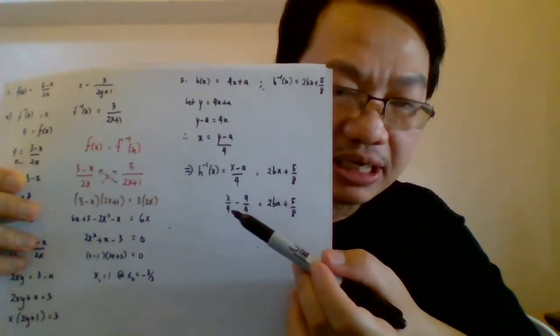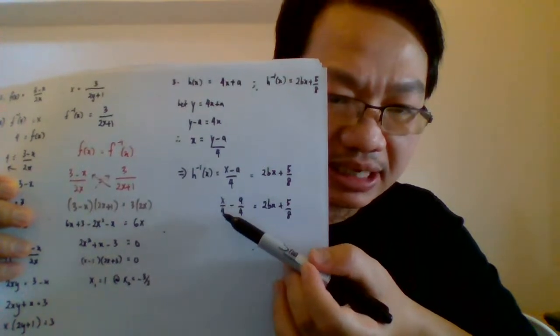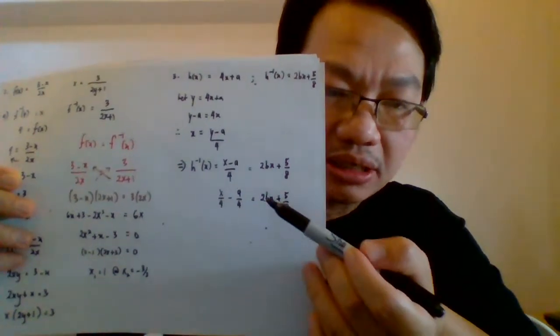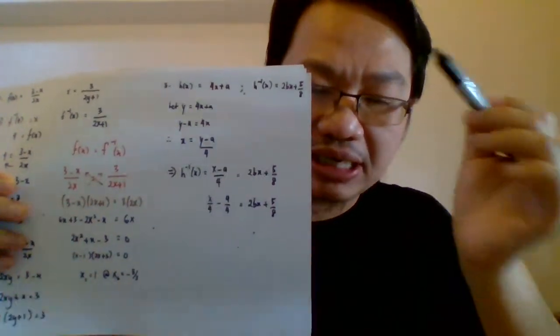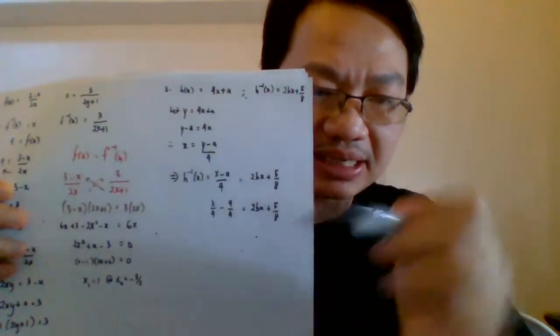Now, look here, we got x here, and this one has no x. So we just compare side by side. We need to match the equation.